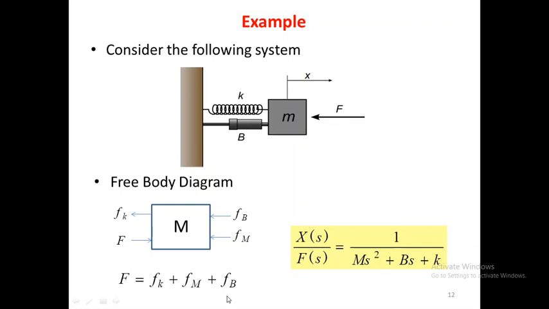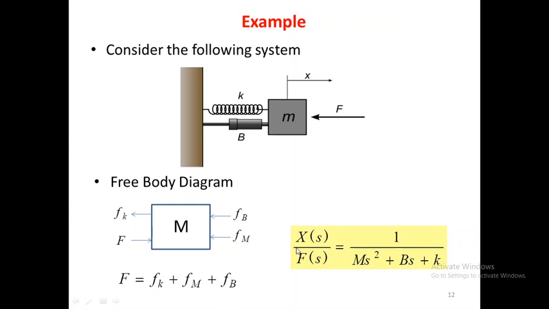For the spring we have Kx, so the Laplace is only K. For the damper we have B dx/dt, so the Laplace is B s X(s). Then for the mass we have m d²x/dt², so the Laplace is m s² X(s).